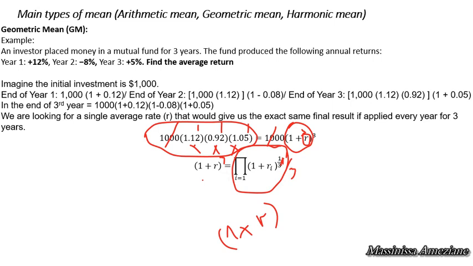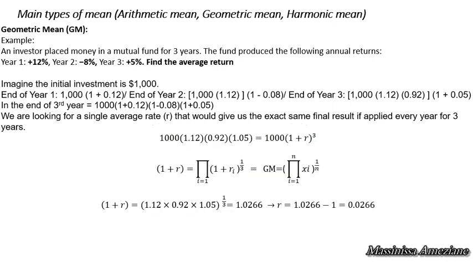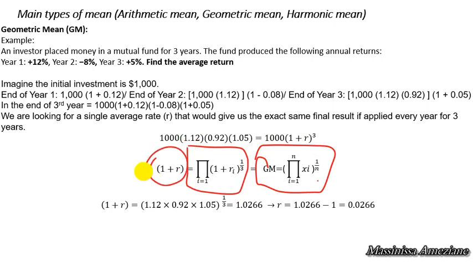Here is the geometric mean formula, and it is the same thing as this one. So 1 plus R, which is the growth factor, is the first growth factor times the second times the third, and all this to the power 1 divided by 3.